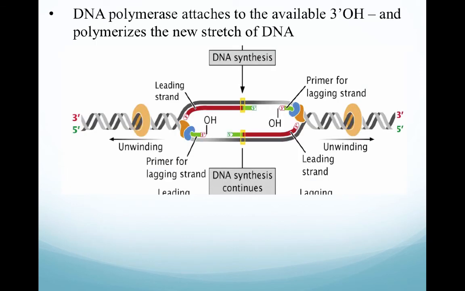So the polymerases that we talked about in the previous slide, there's a whole family of them, but in general, DNA polymerase is going to attach to the available OH group on the 3' position and go through a polymerization process. And that process is where we're going to start seeing addition of nucleotides being brought in on that 3' end.